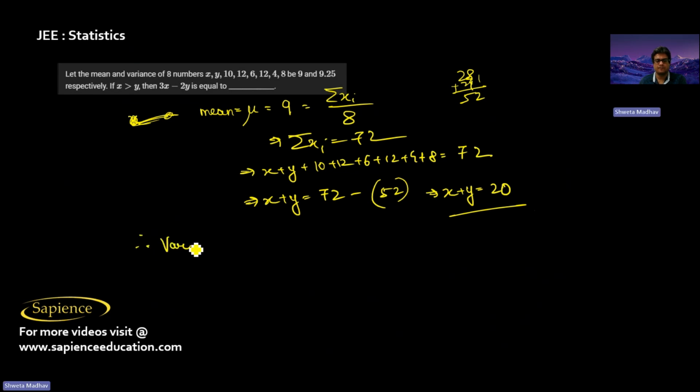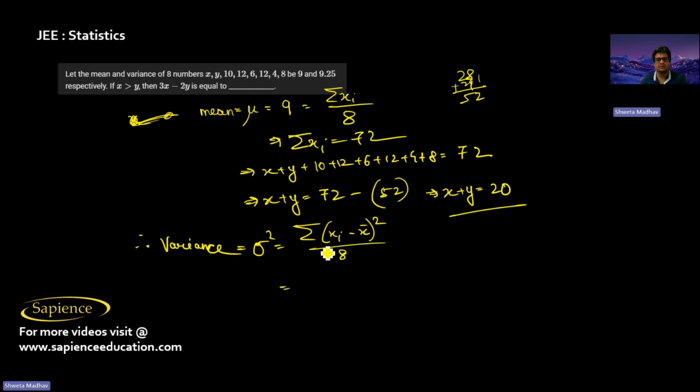Now the variance. And now the variance sigma square is given as 9.25. This should be summation xi minus x bar whole square divided by 8.